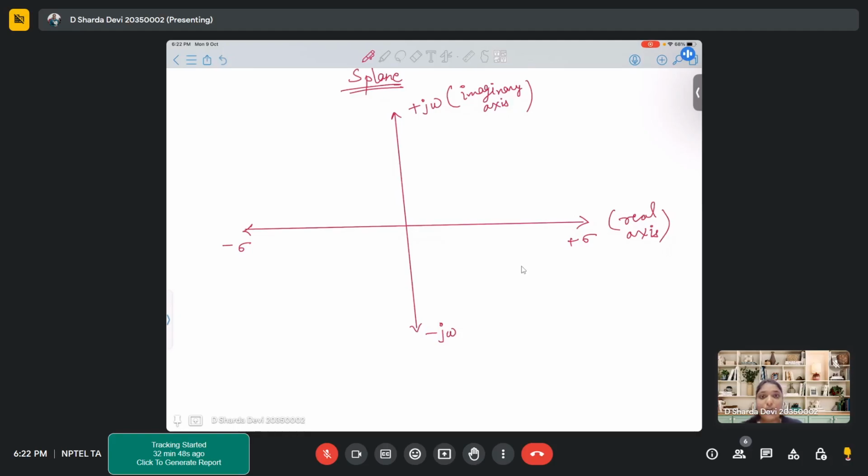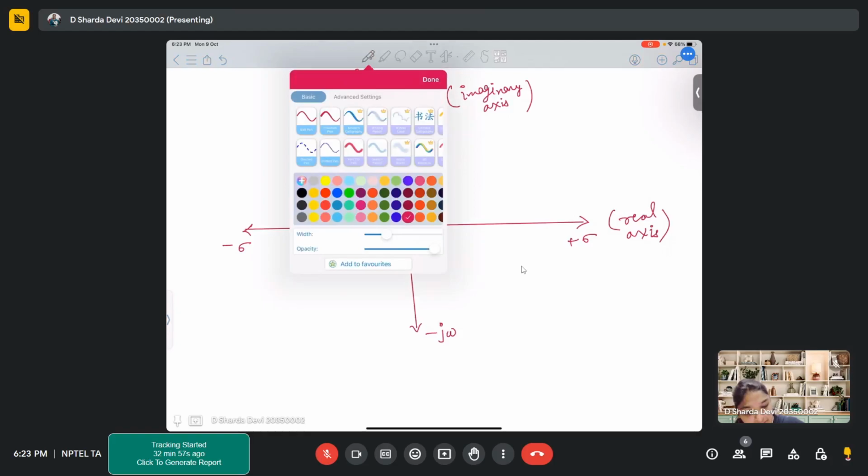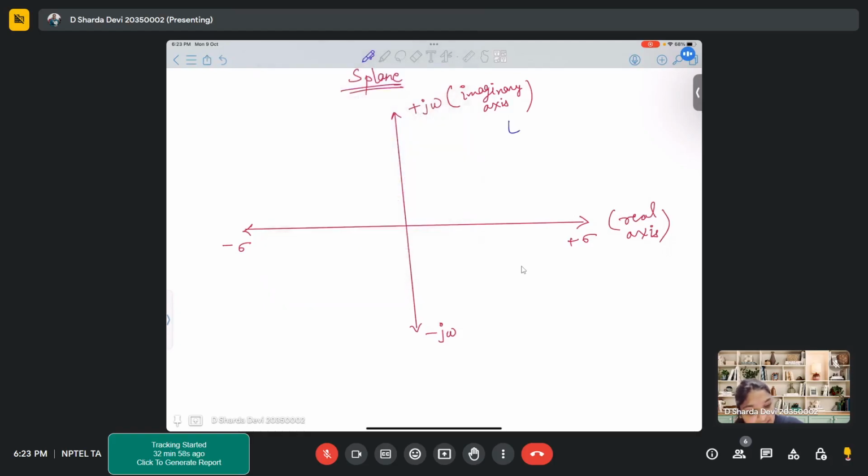That's how you define whether your system is stable or not. First of all, this is the right hand side of your plane, the RHS. This is the LHS of your plane.